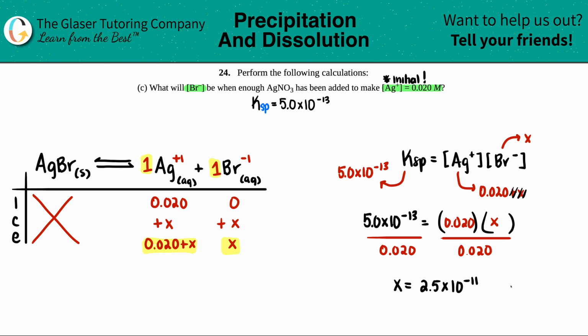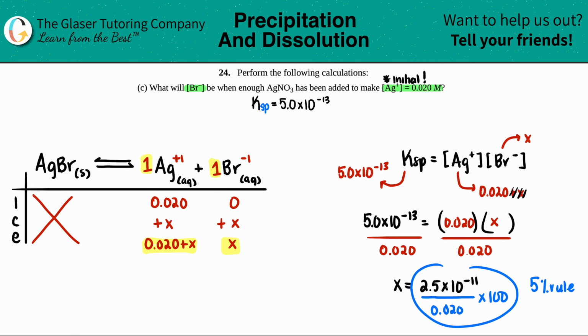And now before we put a unit on here, let's just make sure that we are abiding by the 5% rule. Basically, we have to make sure that the percent of this is 5 or less than the original. So you're going to take your x value and divide it by your original, the 0.020, or your initial, and times it by 100.